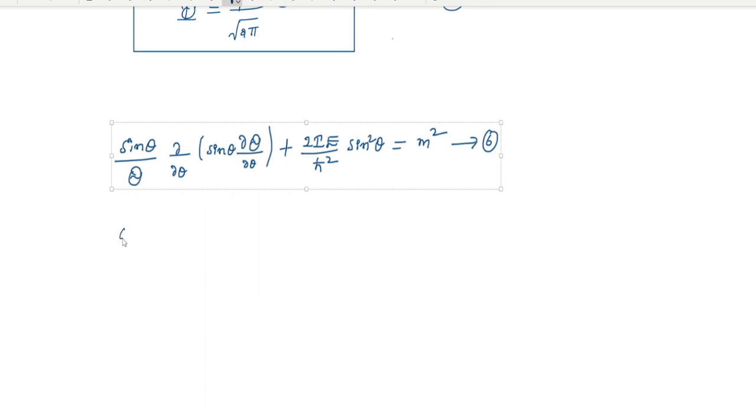Then multiply this equation number 6 by sine square theta divided by theta.